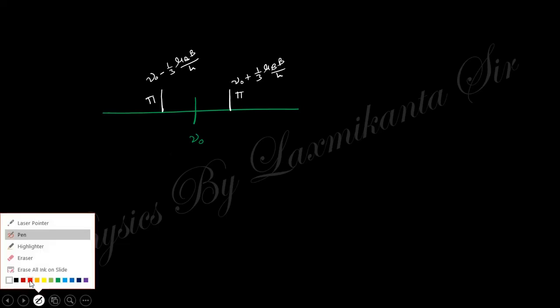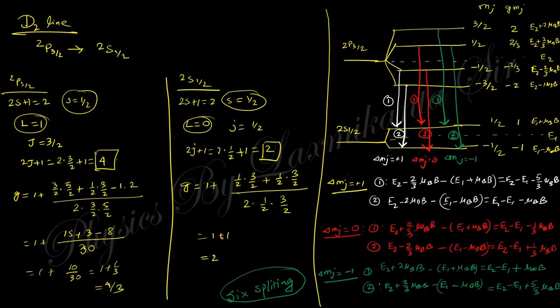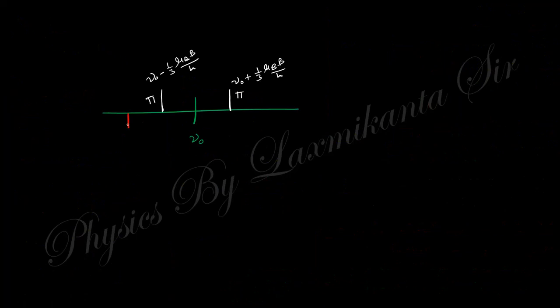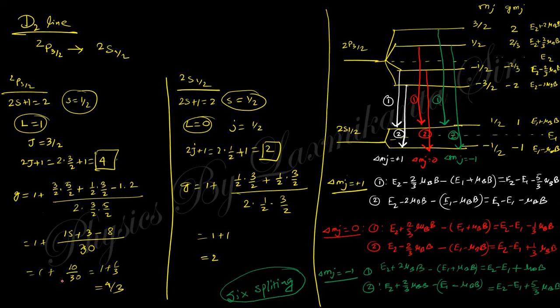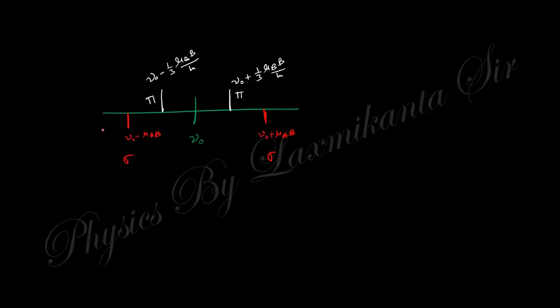In case of delta mj equals plus or minus 1, there are two: mu naught minus mu B B and mu naught plus mu B B. These two are sigma components, and another two components also arise here: mu naught minus 5/3 mu B B by h, and mu naught plus 5/3 mu B B by h.